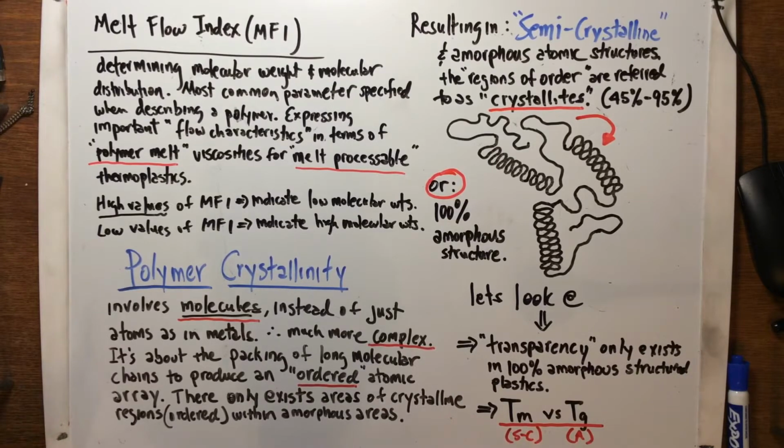But now we want to start polymer crystallinity. That also is another very, very important factor that determines a lot about the polymer's characteristics and properties. Now, we're familiar with crystallinity with respect to metals.